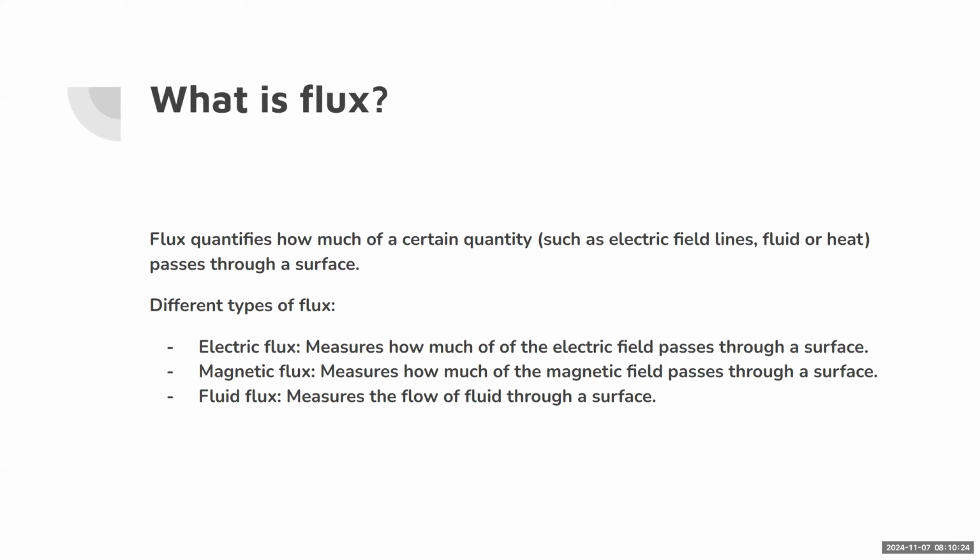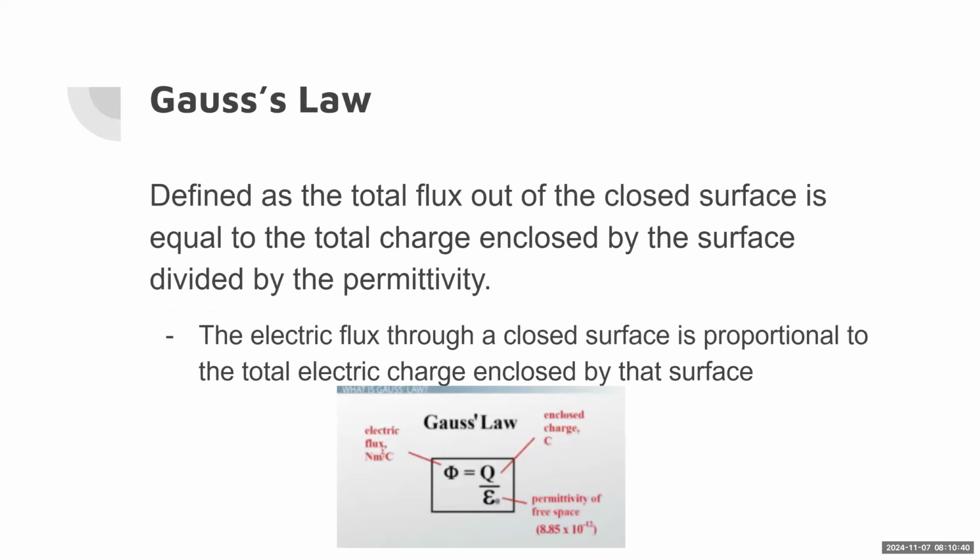Flux quantifies how much of a certain quantity, such as electric field lines, fluid, or heat, passes through a surface. And the different types of flux were electric flux, magnetic flux, and fluid flux. And we also went over Gauss's law.